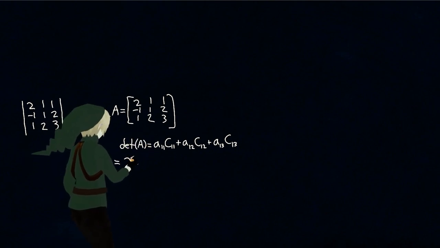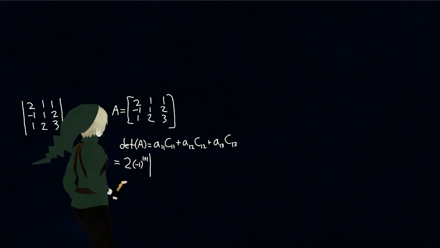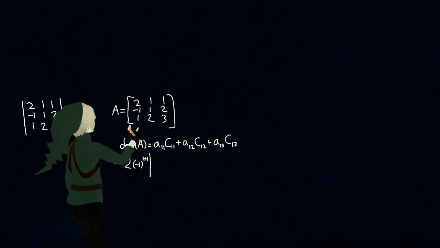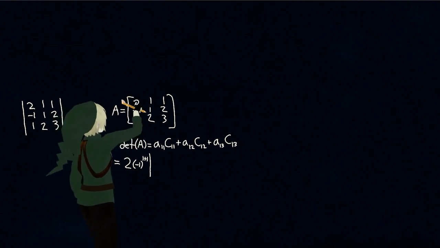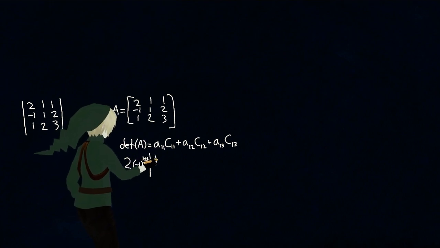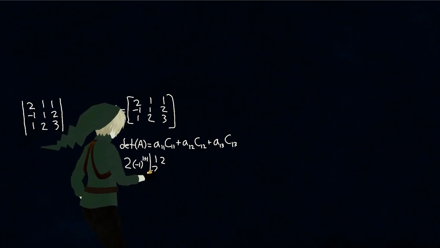Of course, we have (-1) to the power of 1 plus 1, so that's going to be positive. Then we compute the determinant of submatrix A11, deleting row 1, column 1, which is 1, 2, 2, 3.